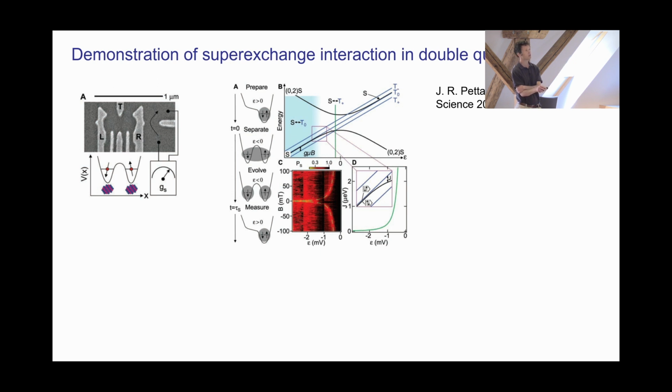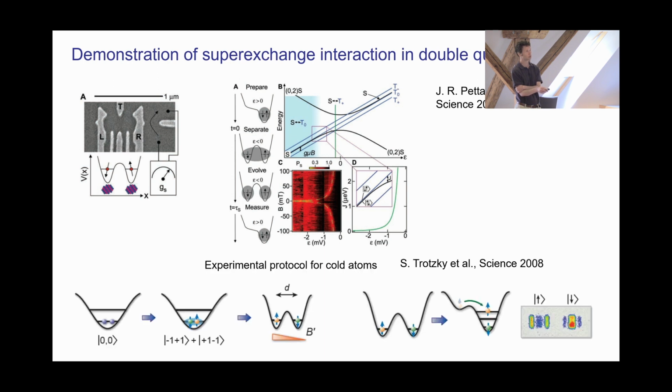If you look at the details of how states in the double quantum dot are prepared, starting with two electrons in one quantum well, then splitting them into two, and then putting the electrons back into one well to do the readout, it's essentially the same procedure as was done for cold atoms: to initialize the system, two fermions were in the same well, and then for readout, again, they were pushed into the same well.